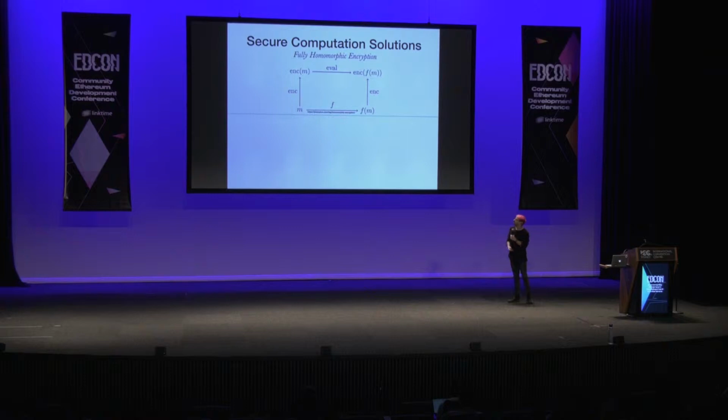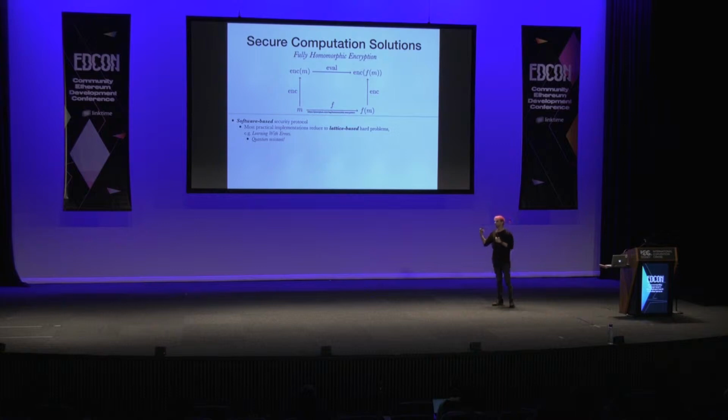So secure computation solutions like fully homomorphic encryption are relatively simple in concept. We have software-based security protocols like FHE, which are implemented in software and not necessarily in hardware, unlike things like TEEs, or trusted execution environments, which I don't think are that secure.